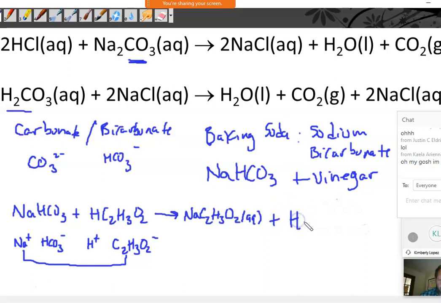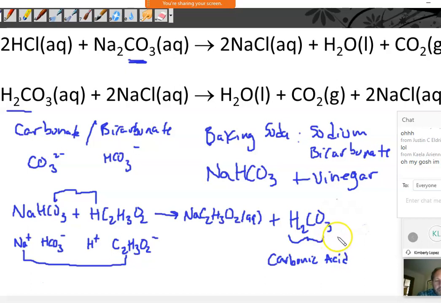Yeah. And then, in this case, your hydrogen is going to pair up with your bicarbonate to form H2CO3. Okay? H2CO3 is what's called carbonic acid, and carbonic acid is not stable in water. Under pressure, it's very stable.